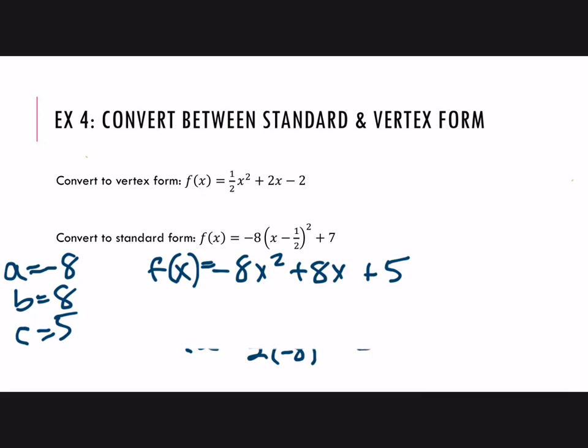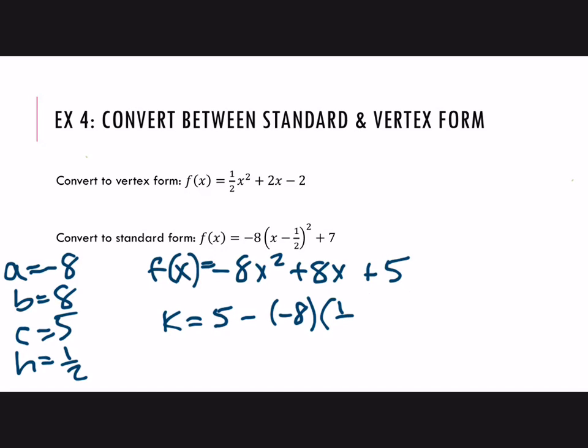is c minus a h squared. Alright, so k is 5 minus a, negative 8, times h, 1/2, squared.